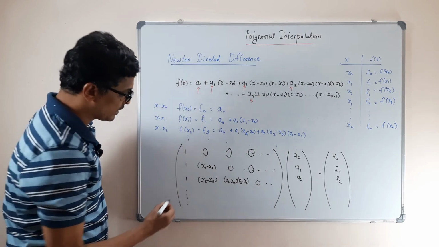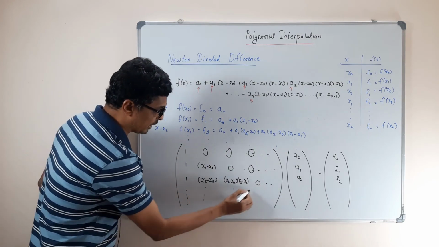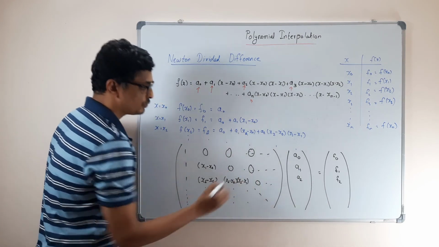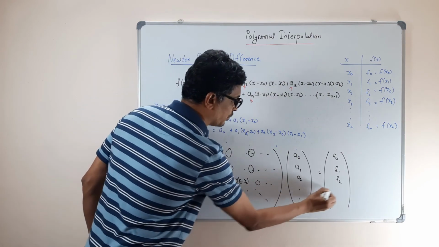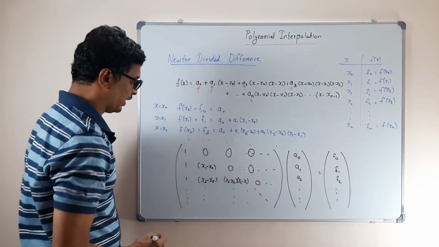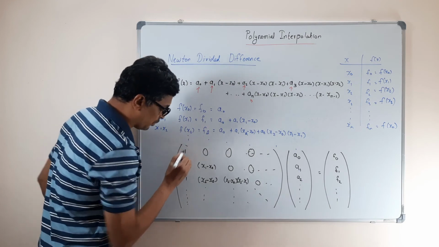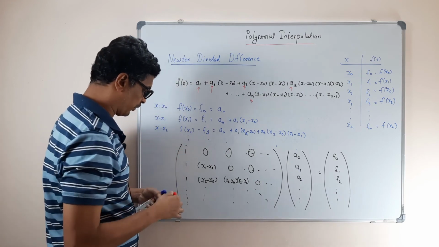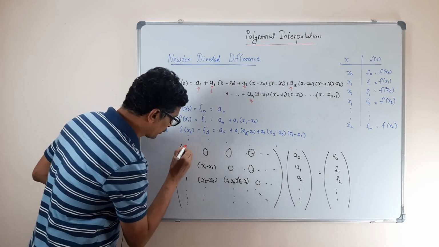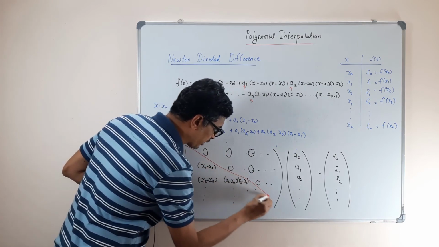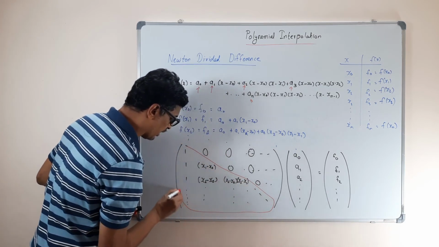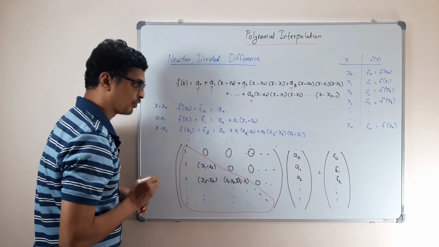So what you will see, when you keep doing that, is that this will eventually form a lower triangular matrix, and you know how to solve this matrix.